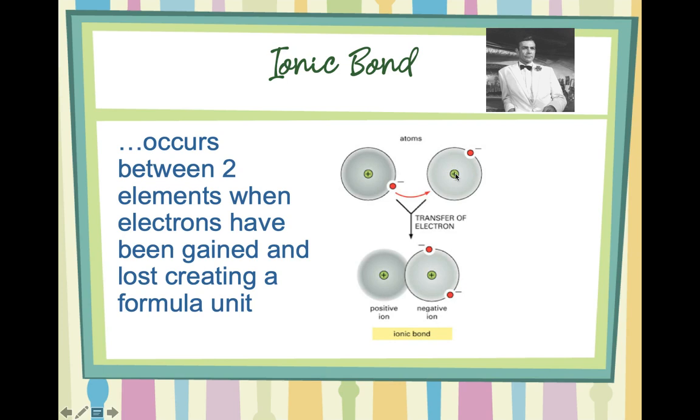This nucleus must have been so strong that it attracted this negative electron into its electron cloud, meaning I transferred an electron. This is a negative ion. This is a positive ion. In the natural world, positive and negative charges attract. So they are now stuck together based on that attraction, and that connection is called an ionic bond. And this whole thing would be called a formula unit.